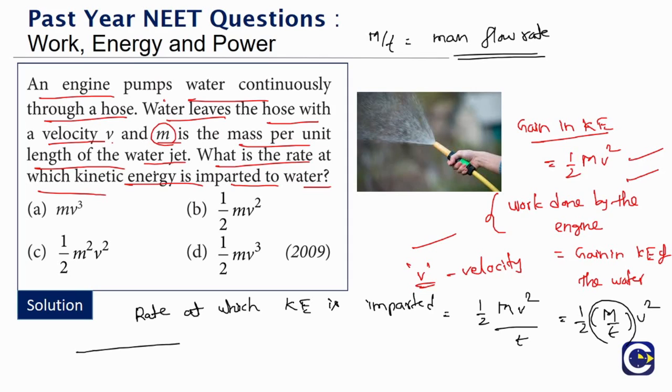The information given to us is the velocity with which the water is coming out and the mass per unit length of the water jet. So look at this. If we take a time t, the water is coming at a velocity v, right? So what will be the distance moved by the water jet in a time t? The distance moved by the water jet will be V into t, right?